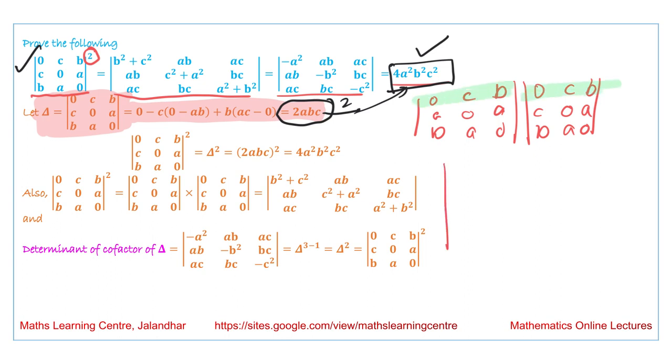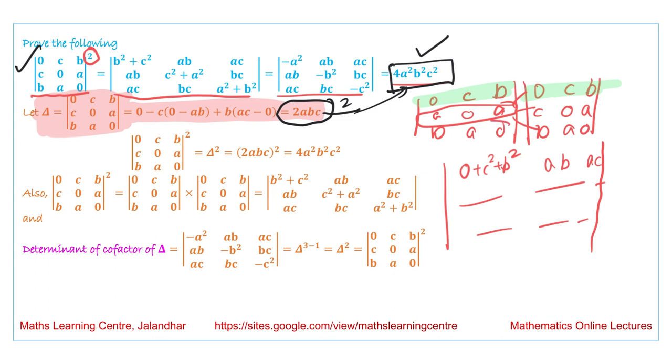The answer we obtain is 0 plus c square plus b square. Next will be a into b, next will be a into c. Likewise, we calculate the next values: we multiply the second row with the first, second and third rows, then the third row with the first, second and third rows, and we obtain this matrix.